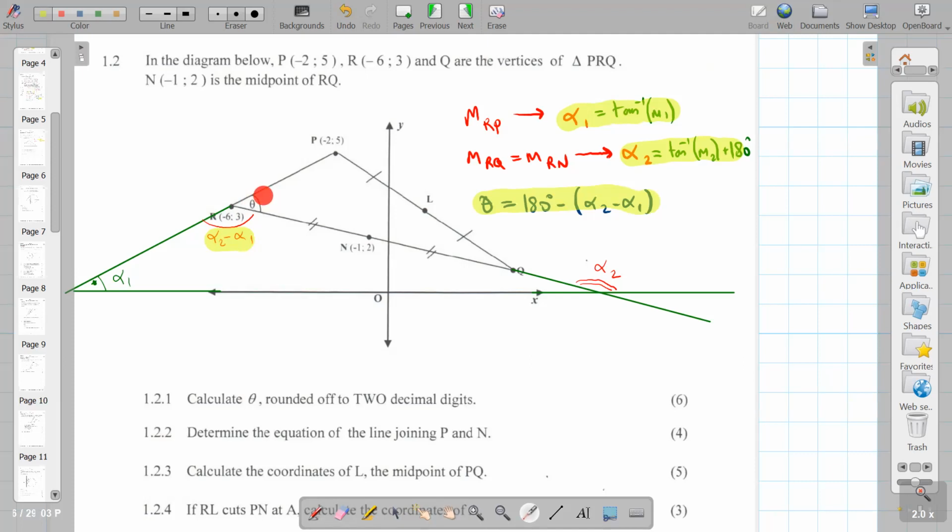How can it be 120, or 130, or 140, or 110? You must say it must be the other side, because between two lines there are two possible angles, and one of them can be acute while the other is obtuse. So whatever the difference is, we subtract it from 180 to get our answer for theta. That method is for 6 marks.